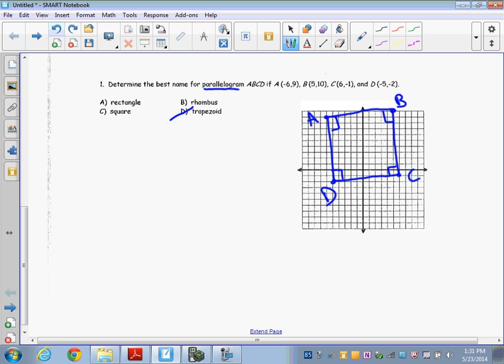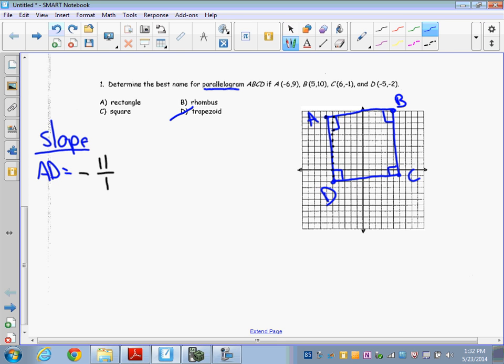So the slope of AD, remember, it's going to be rise over run. If you just count, 1, 2, 3, 4, 5, 6, 7, 8, 9, 10, 11, over 1. So that's going to be a negative slope, rise over run.